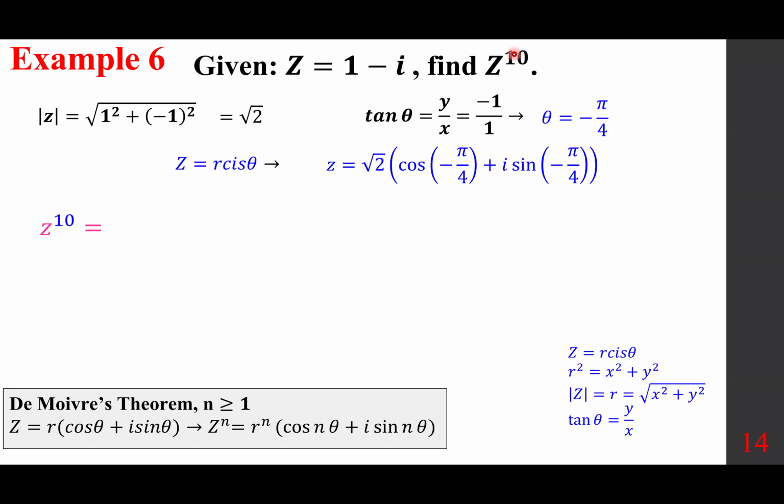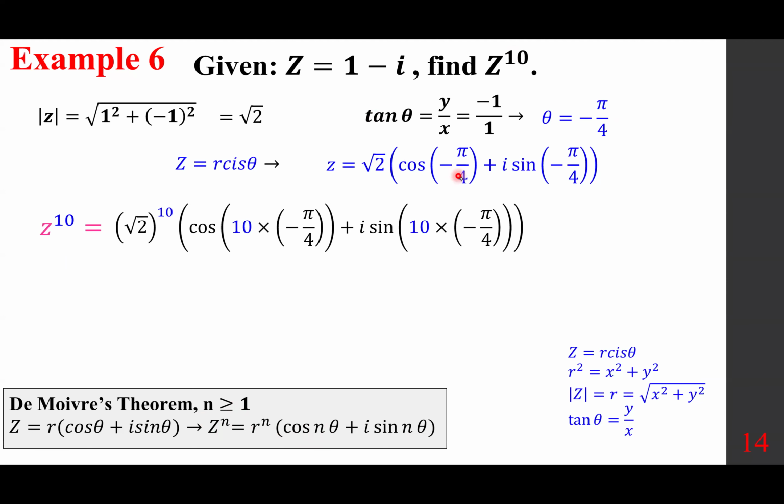Which means we're going to raise this r to the power of 10, and we want to multiply the angle by 10. Take a look at this one. z to the power of n is r to the power of n, the square root of 2 to the power of n, cosine of n theta, n times this, n is 10, and this is what you end up with.